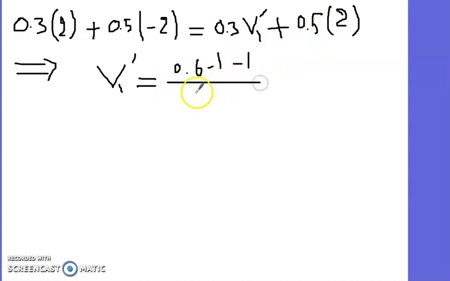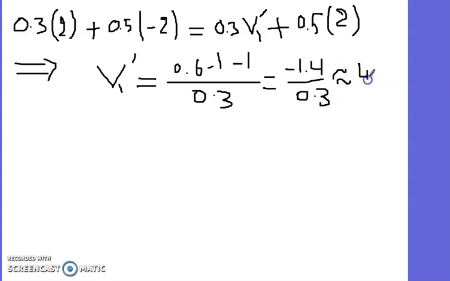All of it divided by 0.3, and then we get here minus, I think, 1.4 over 0.3, which is approximately 4.7, and notice here the answer is negative, meter per second.